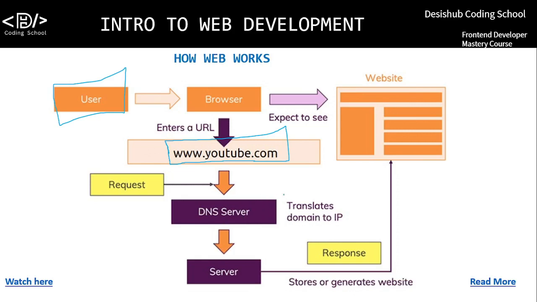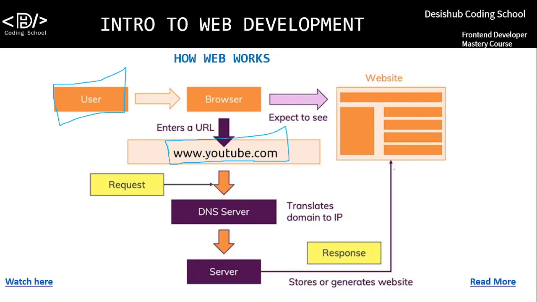If they find that it exists, they send this request to the appropriate server using the IP address of that domain. And when the server gets the request, it sends back a response, and this response contains the files of your website, the index, the style.css, the JavaScript files, all the files that you created for your website.